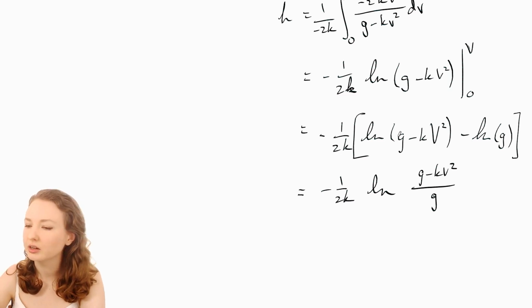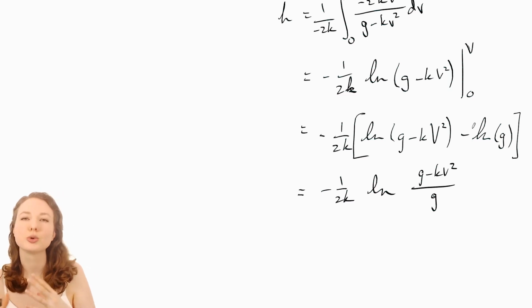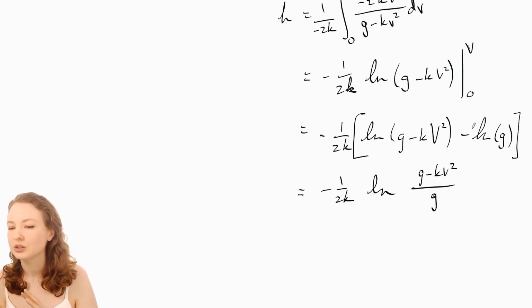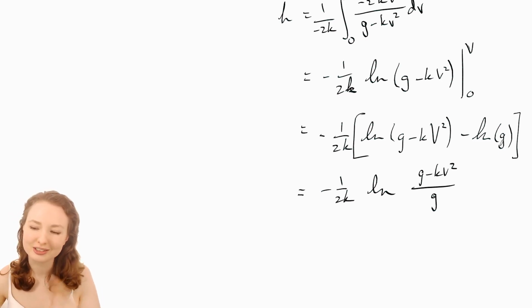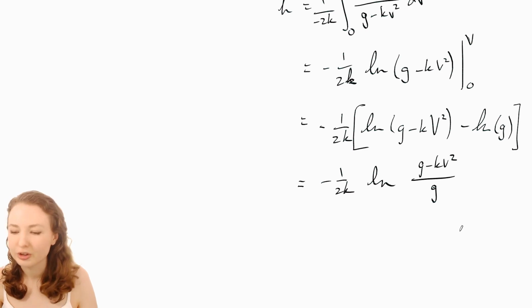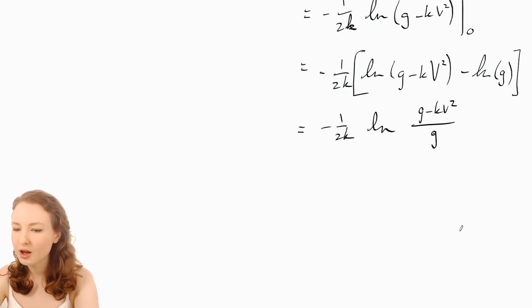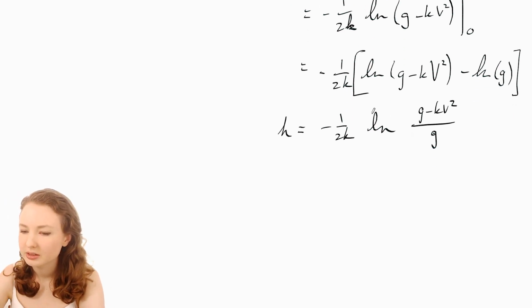So you've got e to the all of that, and then you can use the rules of exponents to manipulate that. So you'd have e to the that divided by e to the that, and it would simplify to the same thing, but I prefer using the log laws. Okay, so we've got h equals that.